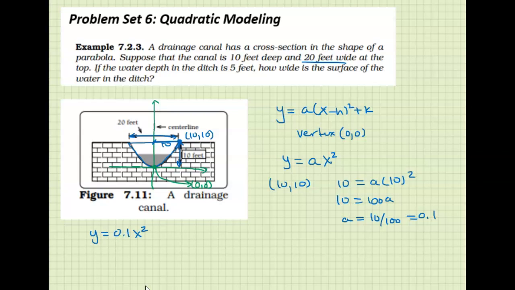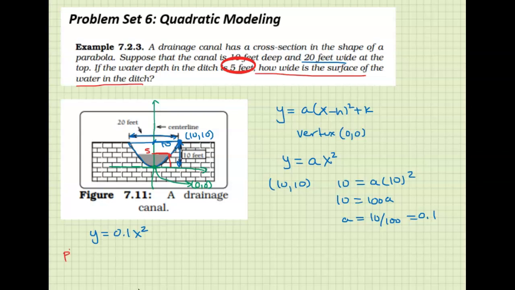This is useful because now it's asking us how wide is the surface of the water when the water depth is 5 feet. That means that the y value is 5, and we're trying to figure out the width of the surface, so we can find half of it by figuring out the x value.